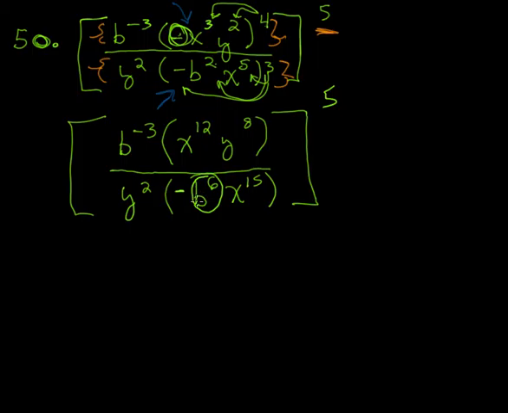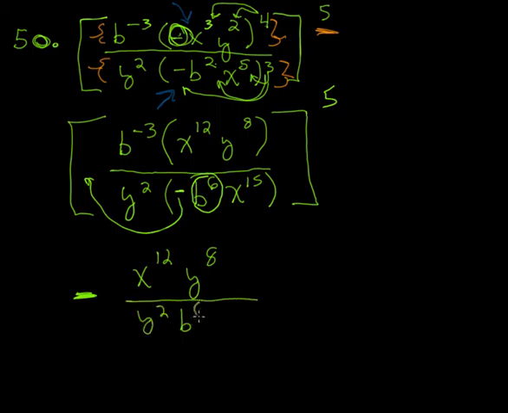And the larger b is downstairs, but it's positive. We'll take this negative sign, we'll throw it out front, and I'll bring this b downstairs. That's all I'm going to do in this step. So b to the 6th, b to the 3rd, x to the 15th.